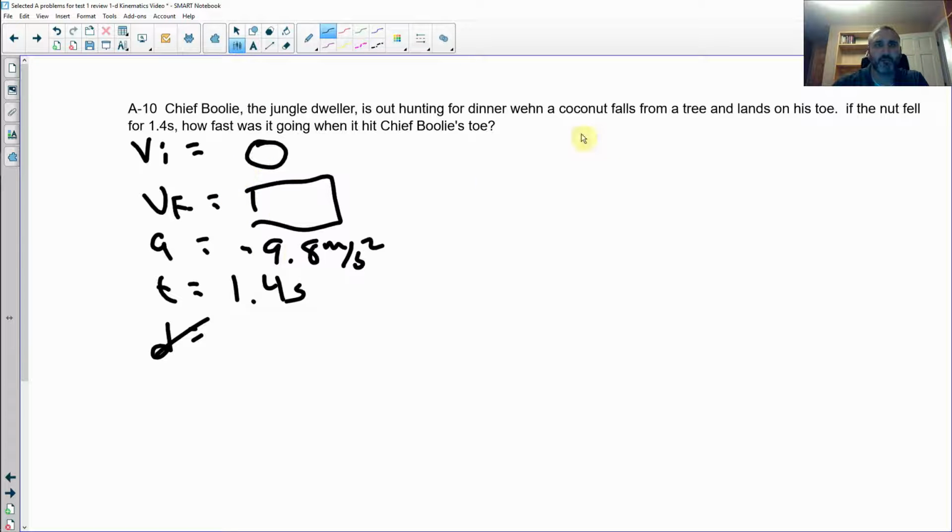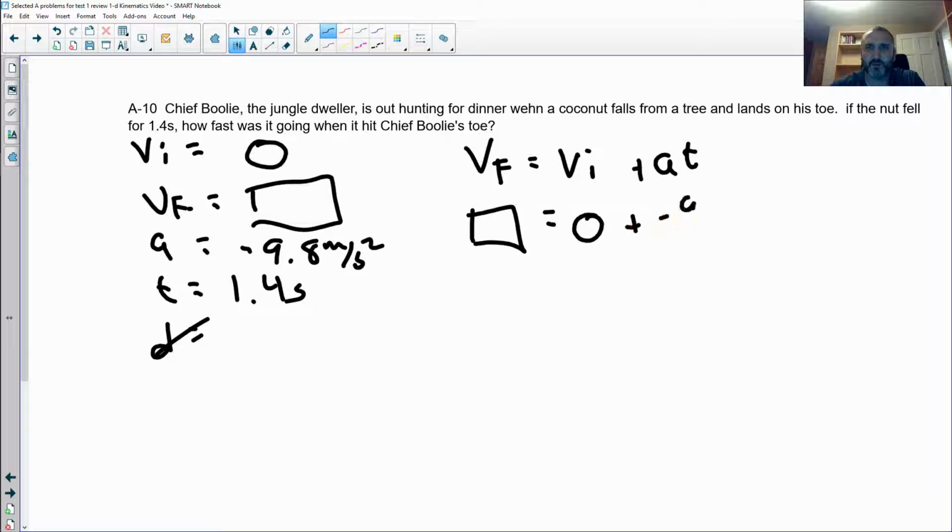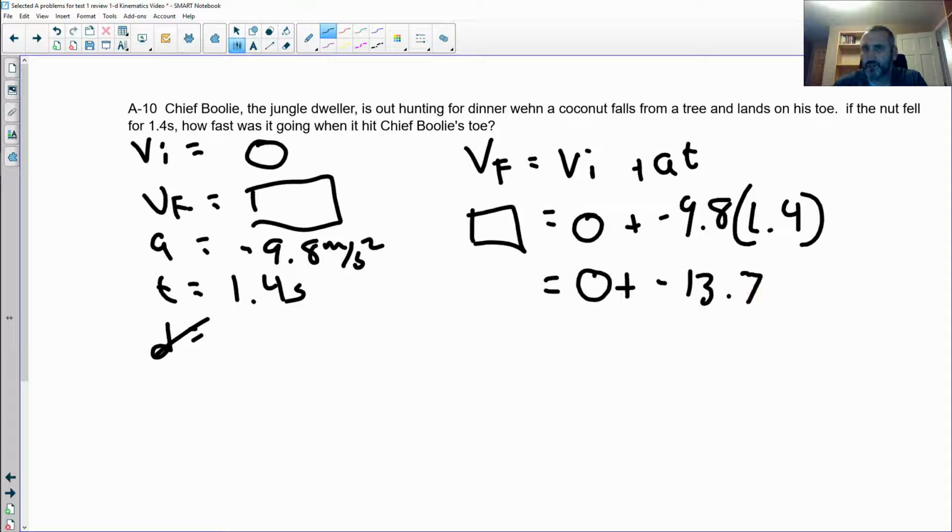VI, VF, A, and T, the equation I would use would be VF equals VI plus AT. So we're looking for VF equals, the VI is 0 plus negative 9.8 T, but we know T, which is 1.4. So a little bit of mathematical magic for you. 9.8 times 1.4 should be negative 0 plus a negative 13.72.